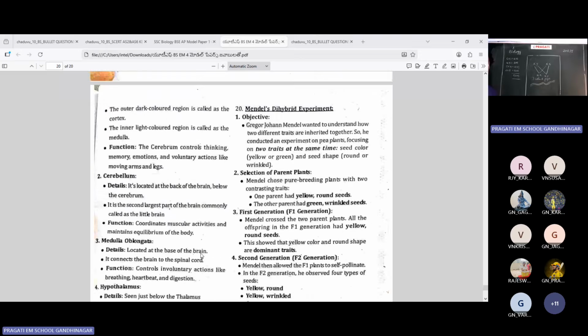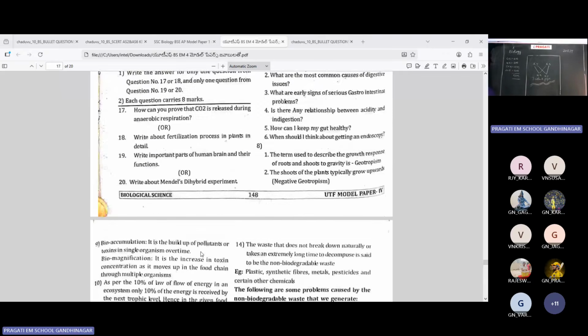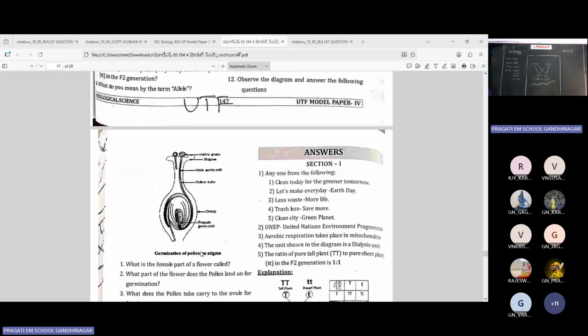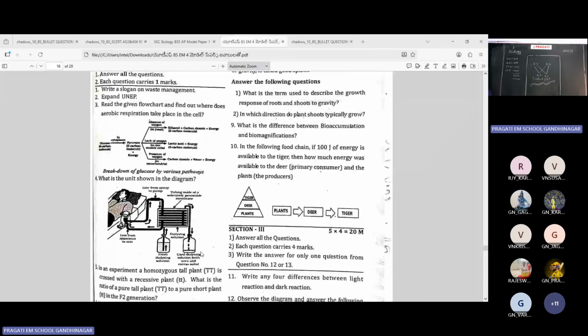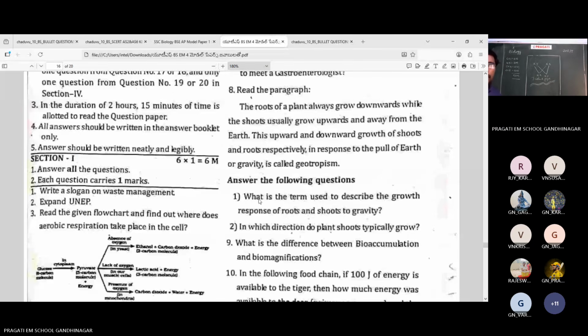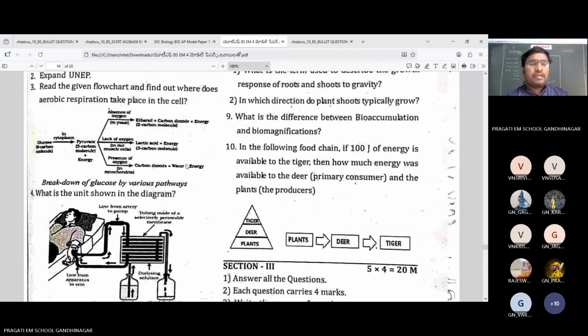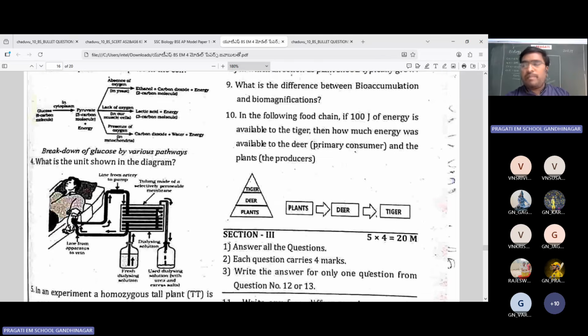So the last paper, see 1 mark questions, how the 1 mark questions are framed in this paper, children. Look at here, these are the 1 mark questions. Write a slogan on waste management and expand UNEP, and a flowchart related to cellular respiration.